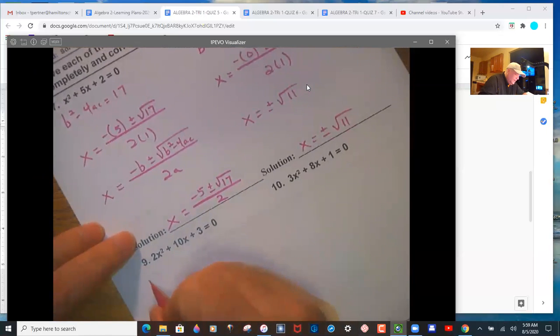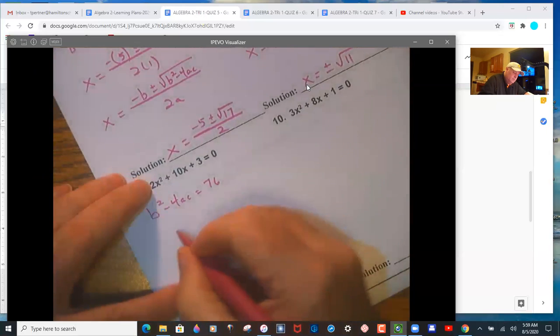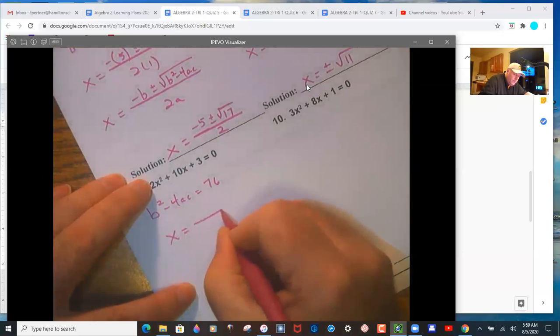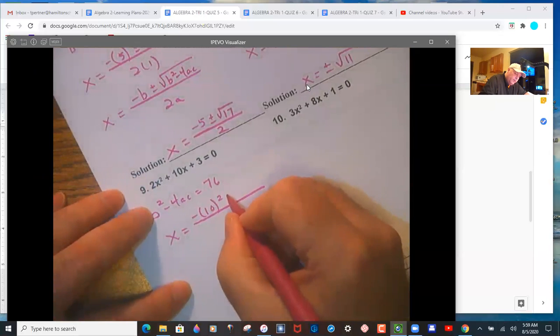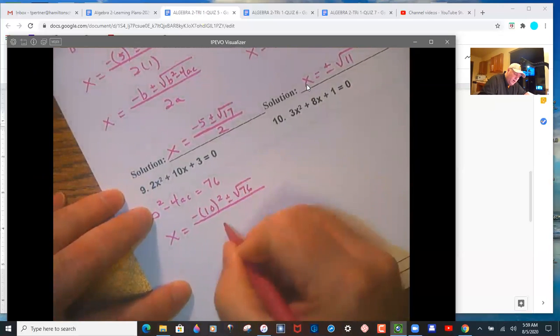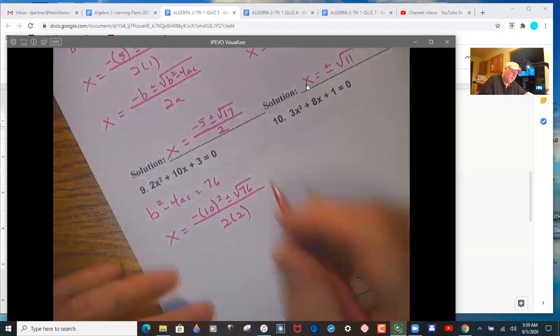Okay, number 9, 76. When you do that, okay, so b squared plus and minus the square root of that all over 2 times 2. So 76 will reduce as 2 times the square root of 19.